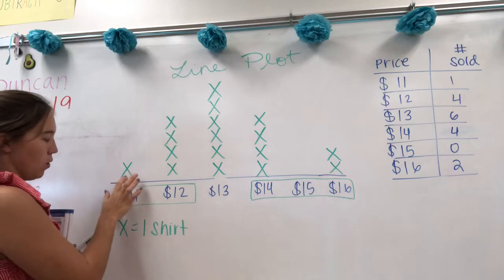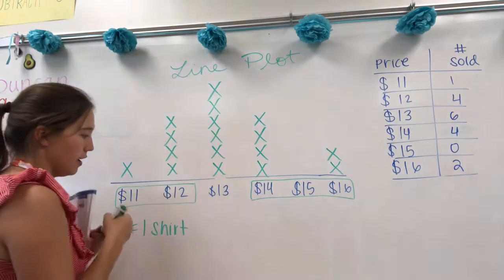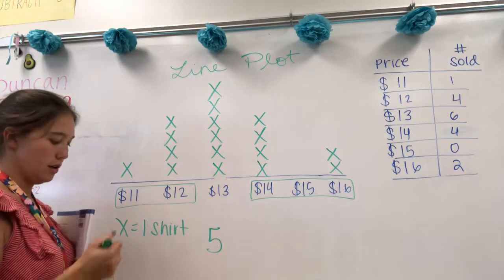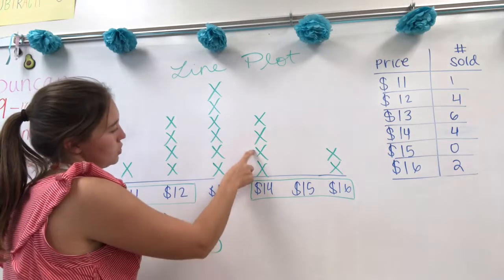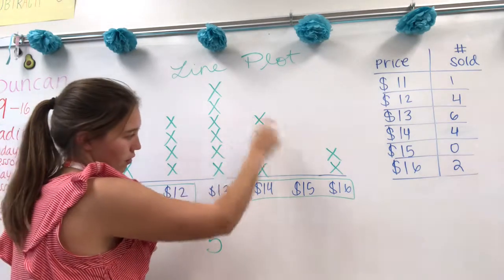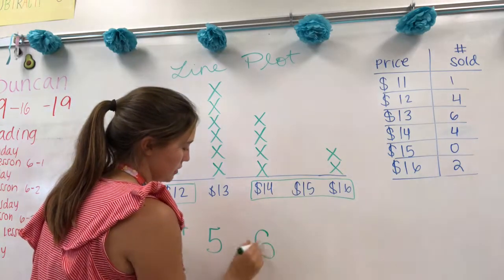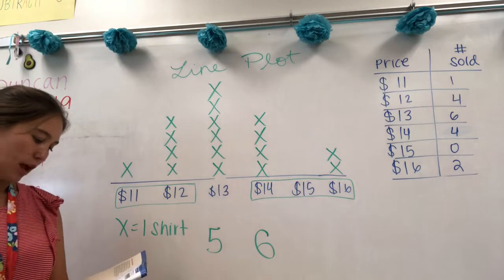Less than $13. Let's count. 1, 2, 3, 4, 5. Less than $13 is 5 shirts. Now let's count for more than $13. 1, 2, 3, 4, 5, 6. More than $13 is 6. So we need to decide how to compare them.